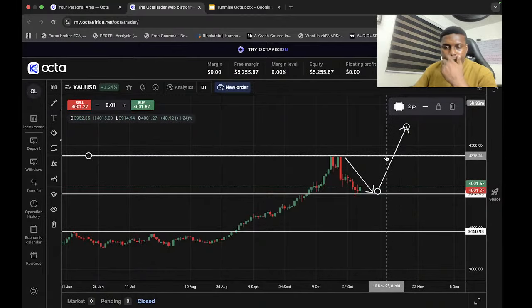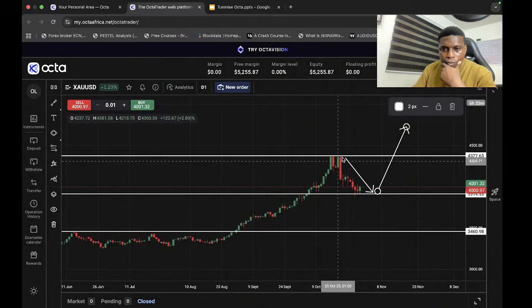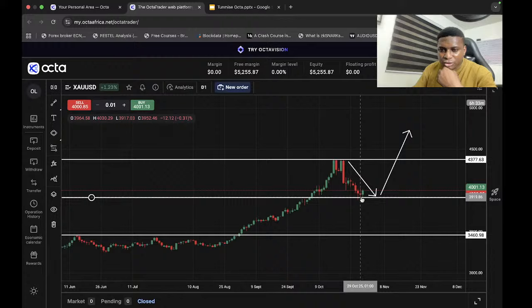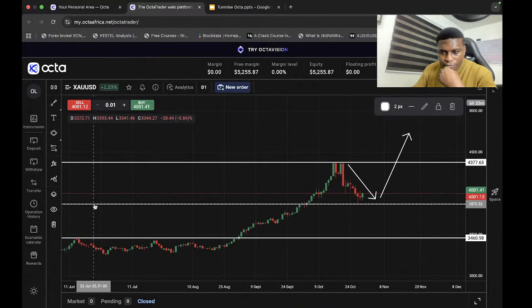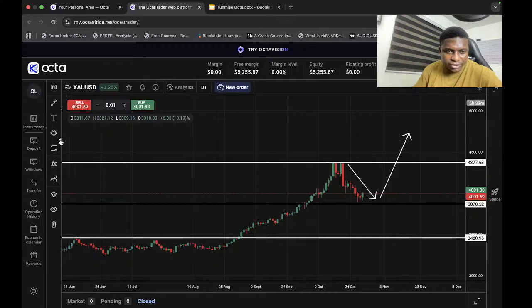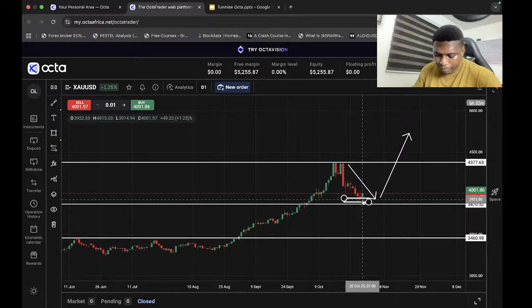Now we have a major pullback and we can see the buy momentum coming in. Not only the buy momentum, we can also see that it's a buy zone. So this zone here is a buy zone, and we can see what buyers are doing at that level.